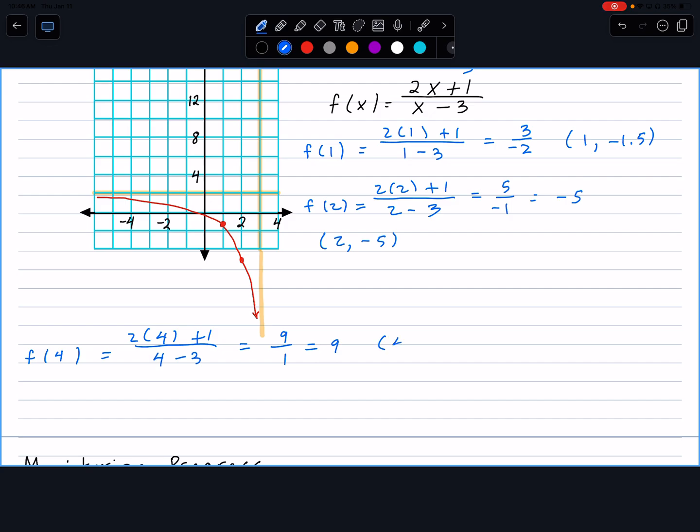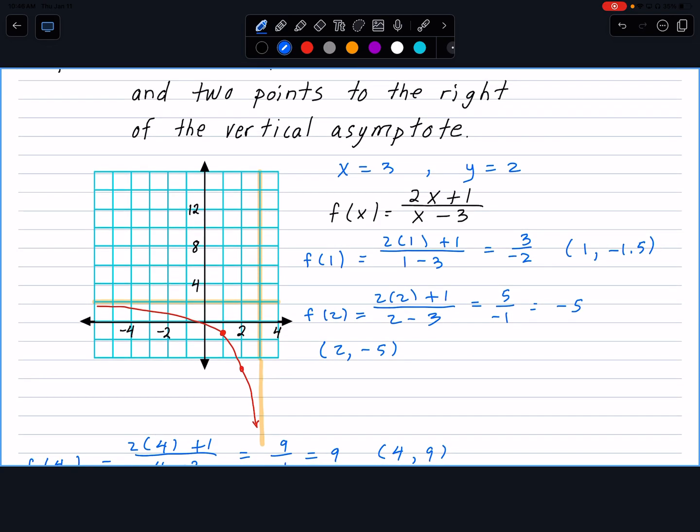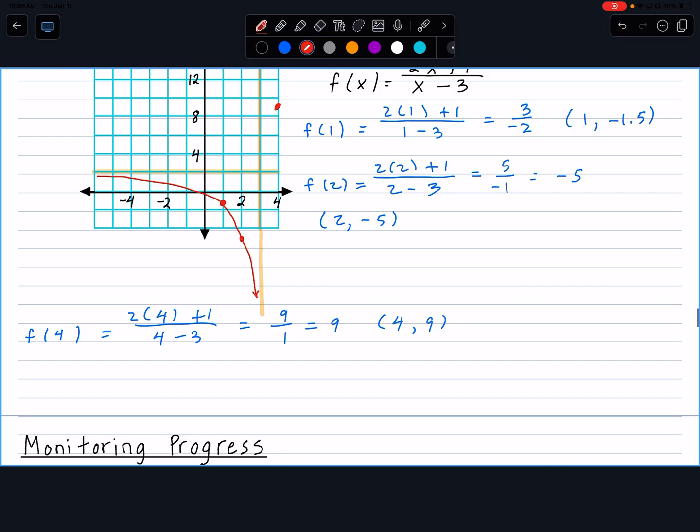So we'll plot the point 4, 9. In this case, 4, up 9. Let's see, 1, 2, 3. Oops, sorry, I'm going by 2s again. 2, 4, 6, 8, 9. So right there. Okay, then I'll choose another point. I'm going to use 5, because 5 is to the right of the vertical asymptote.